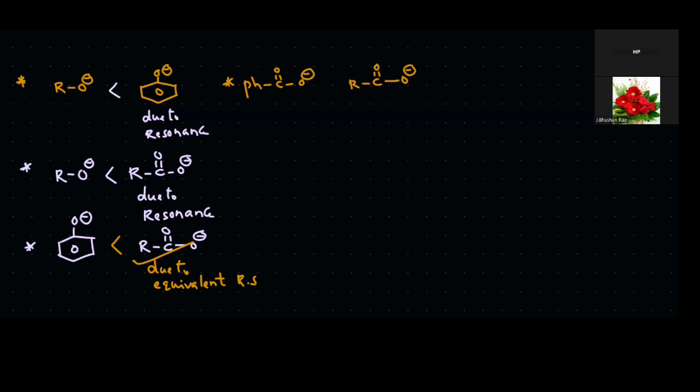Here also equivalent, here also equivalent. But when the Ph group is attached, it acts as a minus I group, while the alkyl group acts as a plus I group. So the alkyl releases electrons, the phenyl withdraws electrons. Now here the electron density of the negative charge decreases, so it is the more stable compound. Like this also we can identify the stability of the ions.